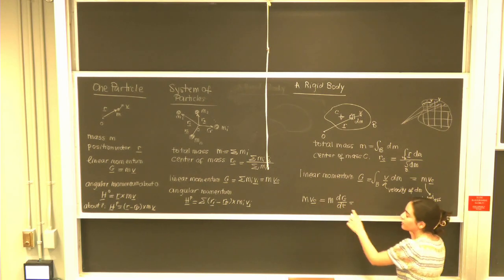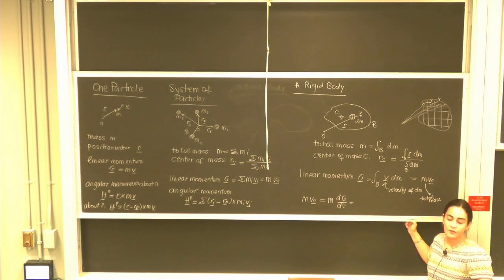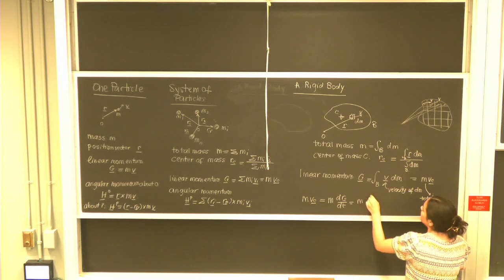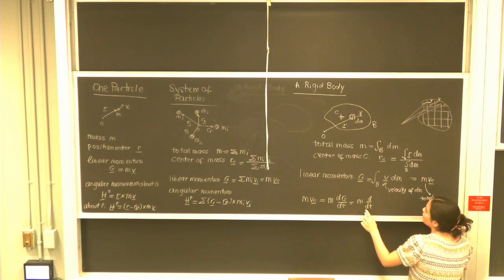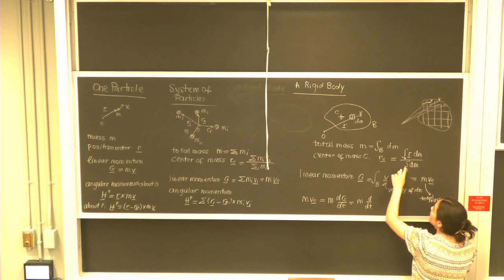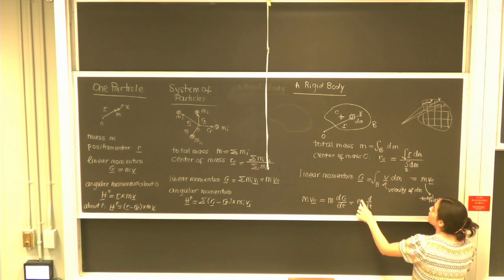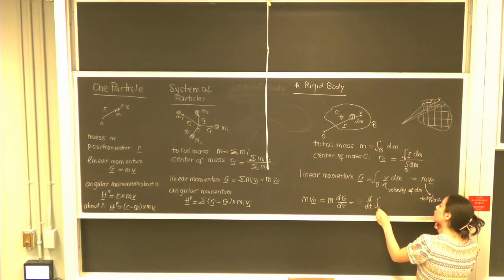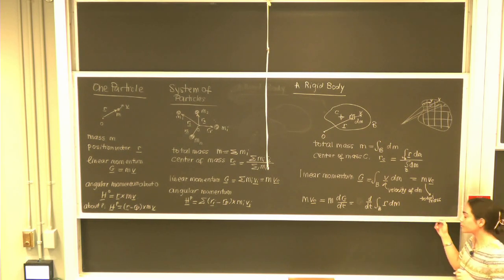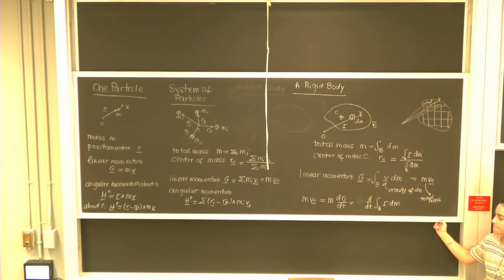The velocity of the center of mass is the derivative of the position vector of the center of mass. So that's m and then d by dt. Well, m times rc is the integral over the body of r dm. Do we agree? Are we okay with this?